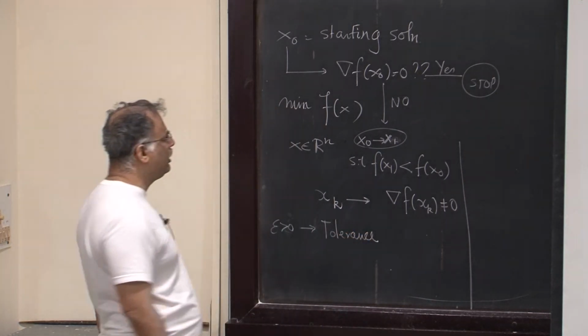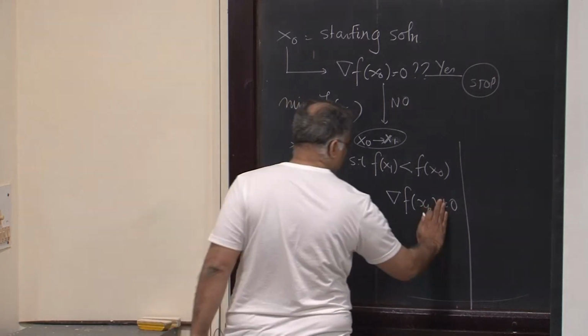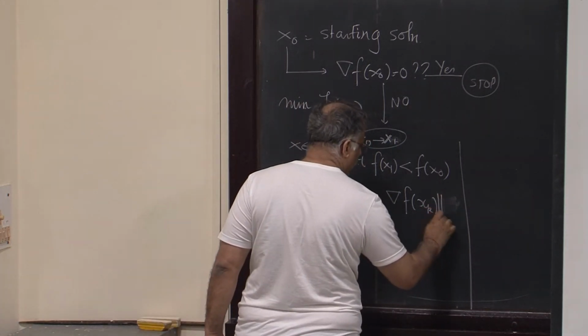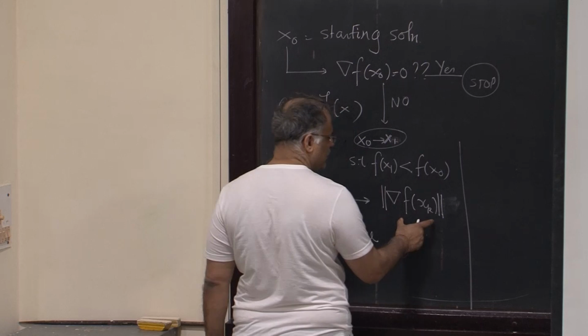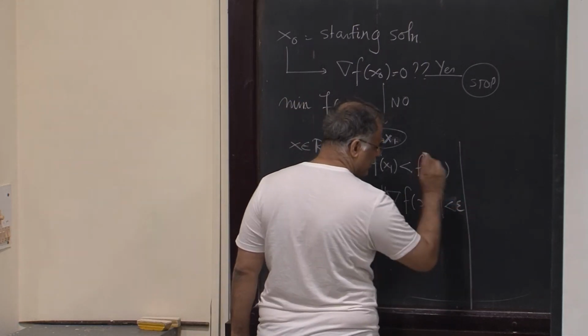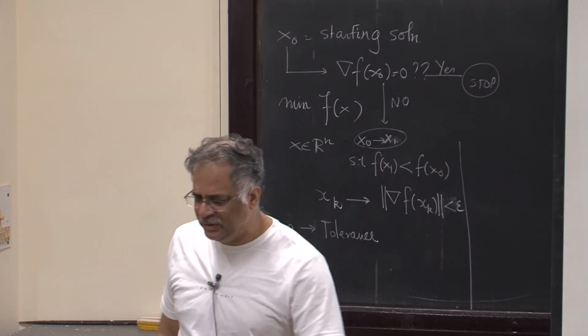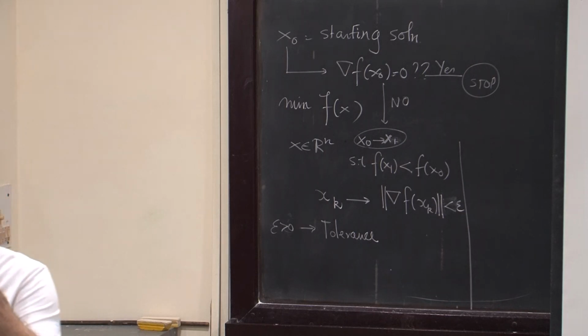When you put in a tolerance level, you say that okay, I will stop if the norm of the vector grad f xk, that is the distance of this vector from 0, is strictly less than epsilon, where epsilon is a very, very small number, almost 0.